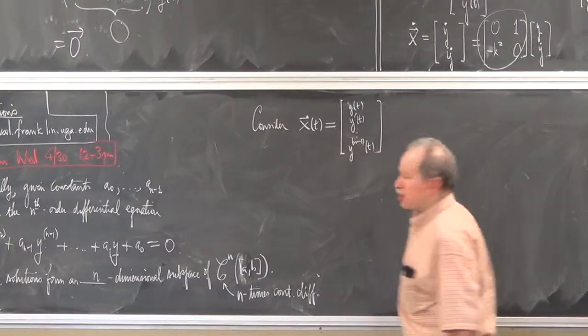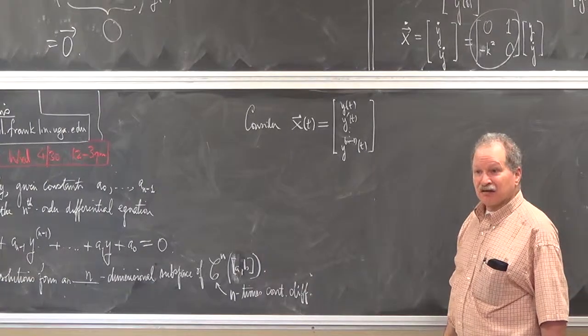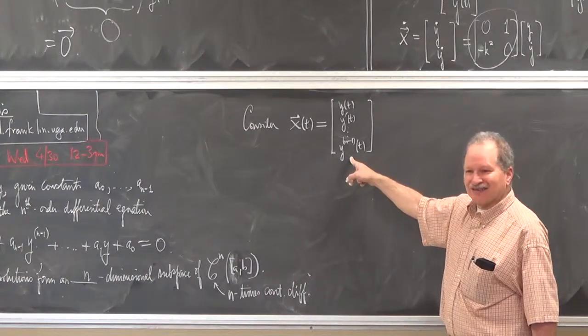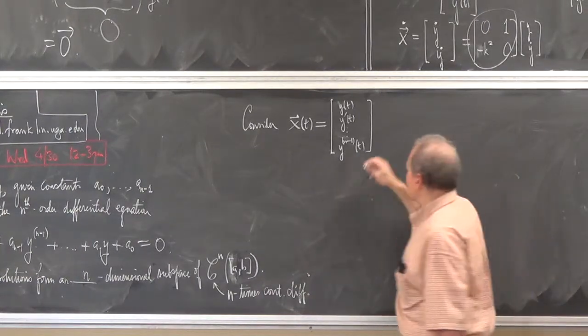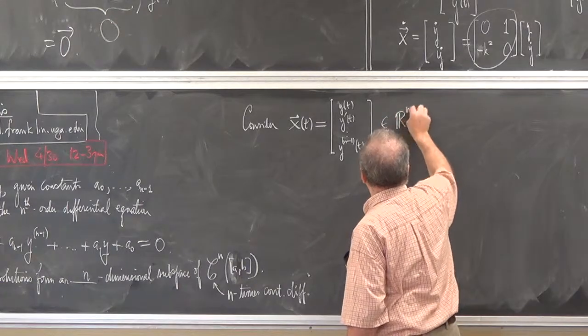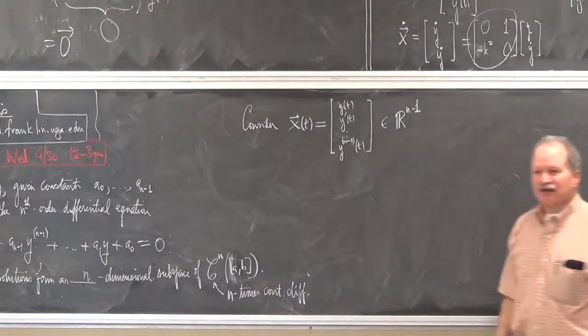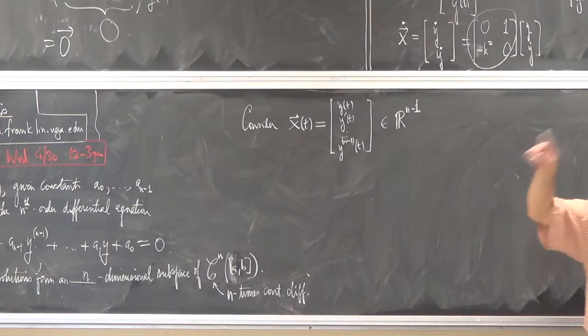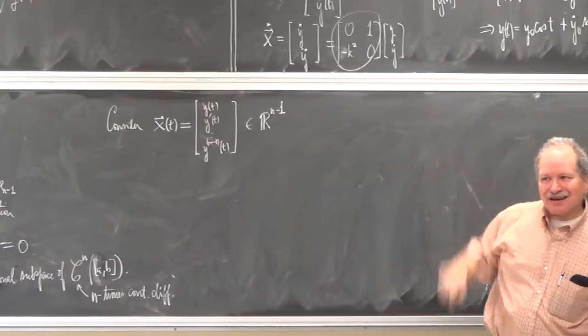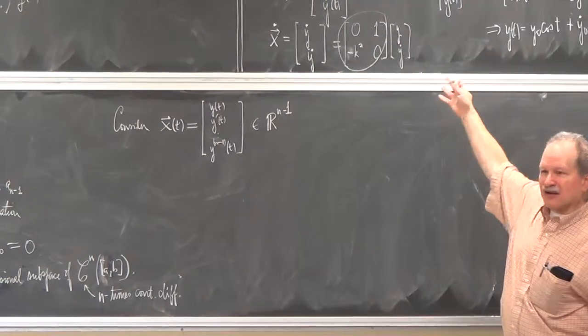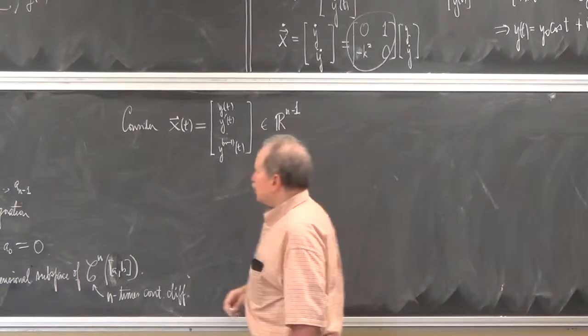So this is now a curve in R n minus 1 for each t. So we're looking for a curve, instead of R2, what we had here, we're looking at Rn minus 1.